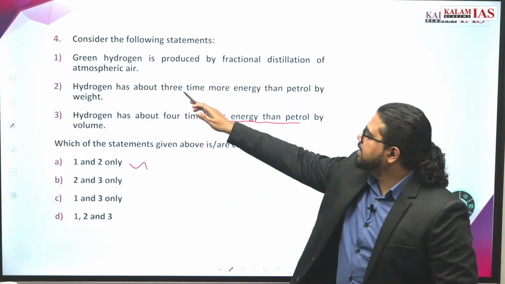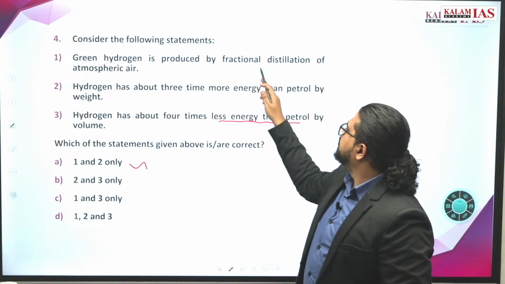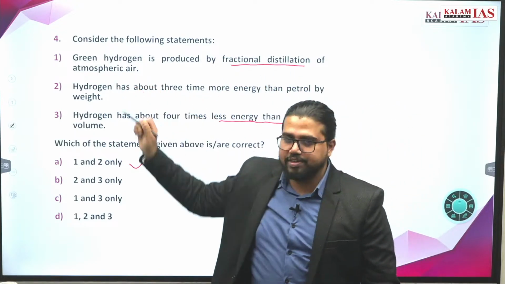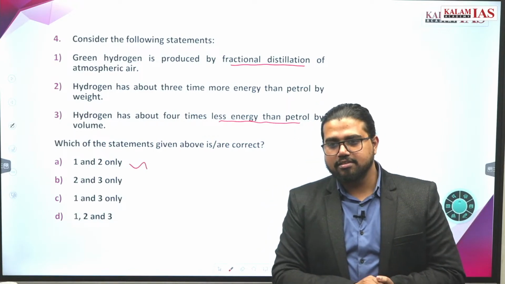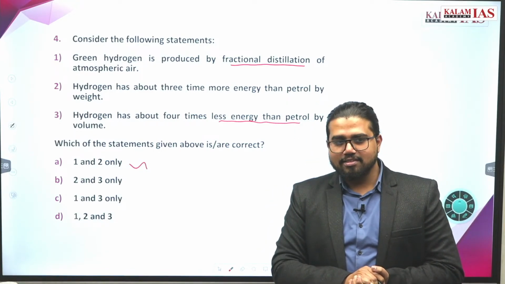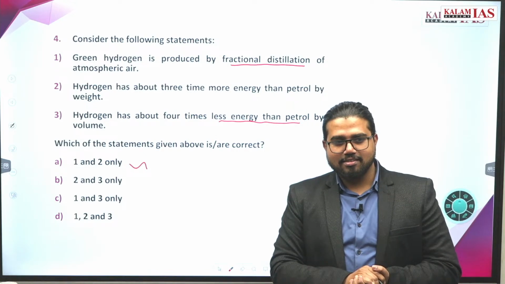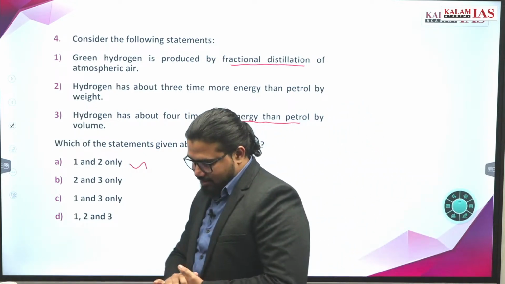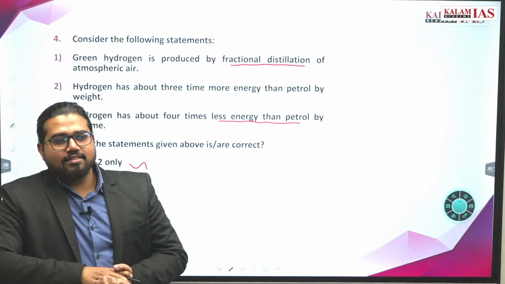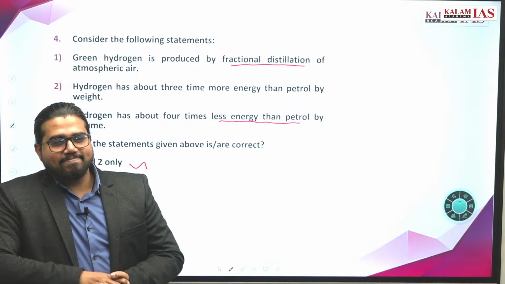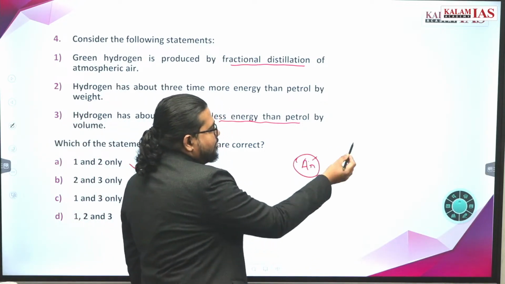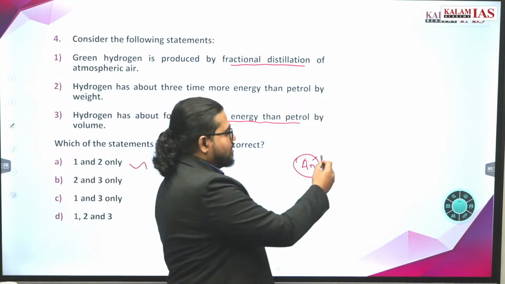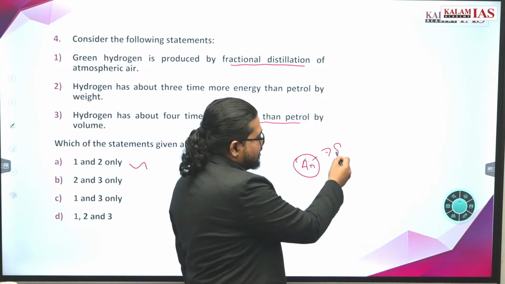What is the first statement? Green hydrogen is produced by fractional distillation of atmospheric air. What is fractional distillation? Haven't heard? Suppose we take air. Air has how much nitrogen? Around 78%.